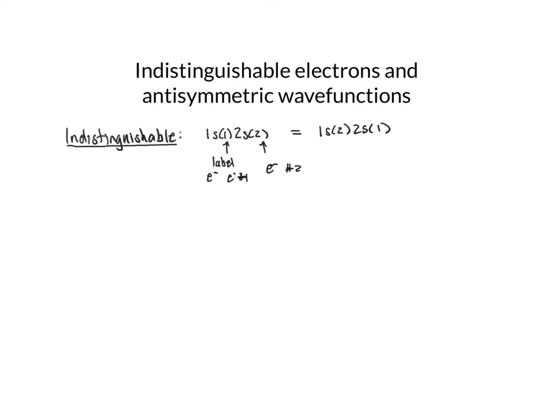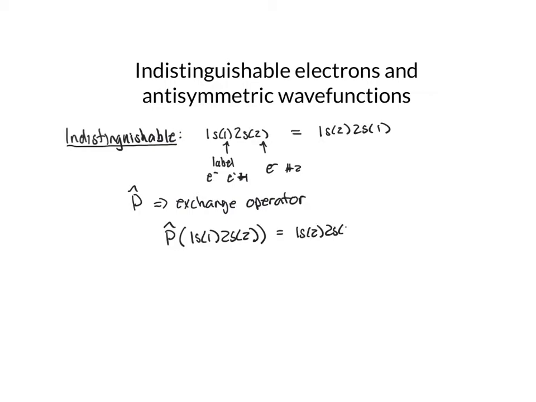So we typically define an exchange operator. P hat is going to be our exchange operator. And all this operator does is switch the labels on my electrons. So if I operate P hat on the wave function 1s with electron 1 in 1s and electron 2 in 2s, the result of that operation is equal to 1s with electron 2 and 2s with electron 1.